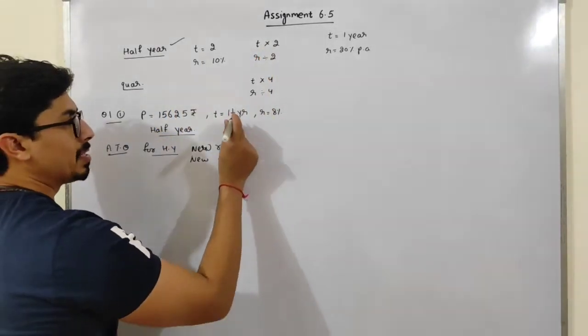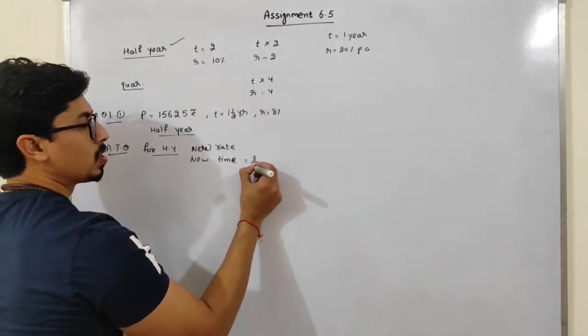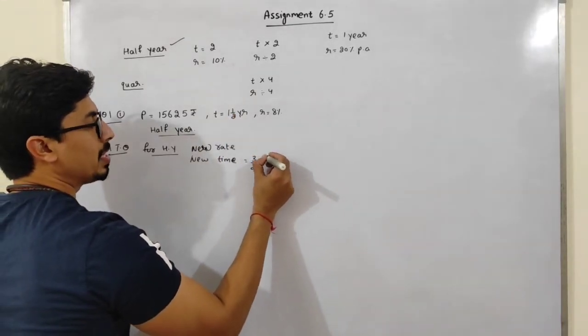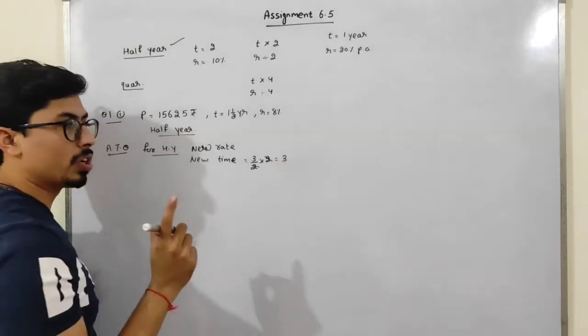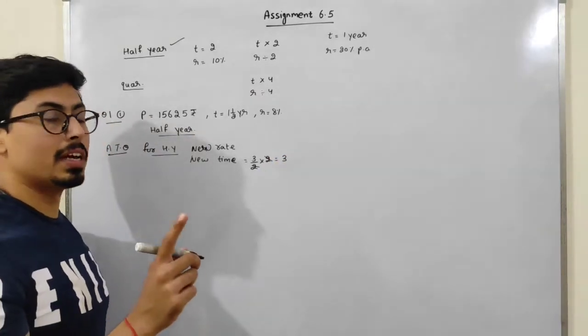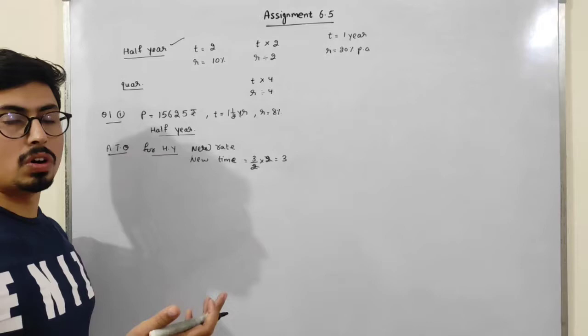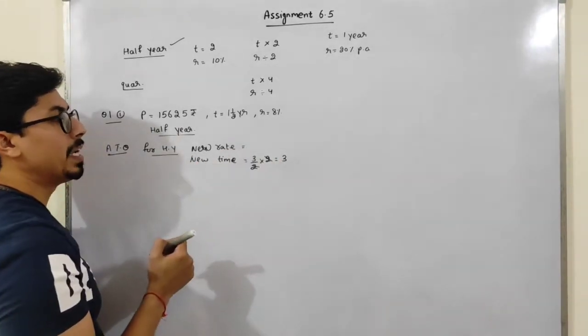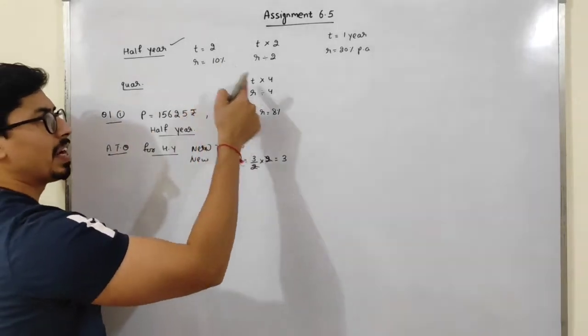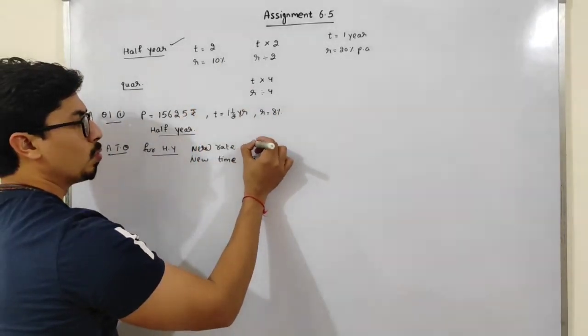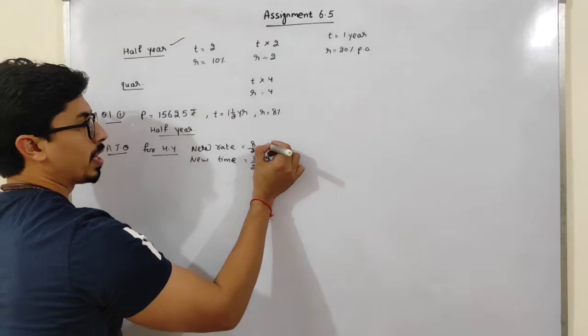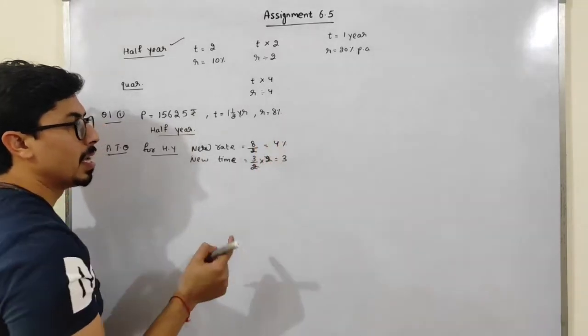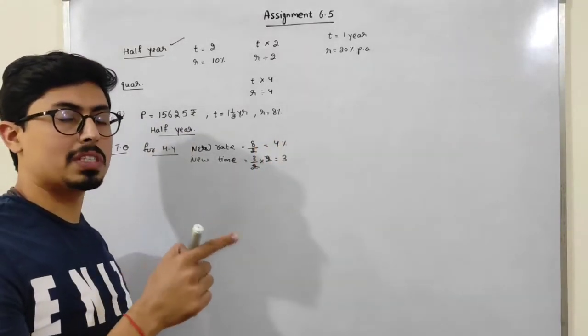So time is 3/2, multiplied by 2 it is 3. This is not 3 years, it will be 3 periods. New rate will be the given rate divided by 2, so it will be 4% per period.